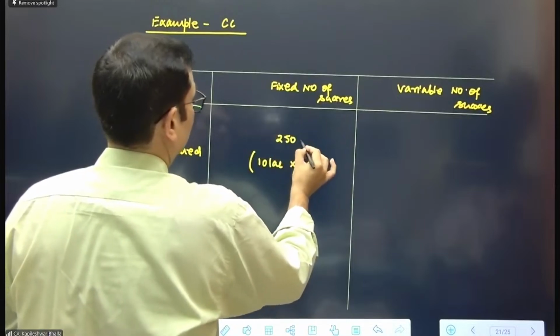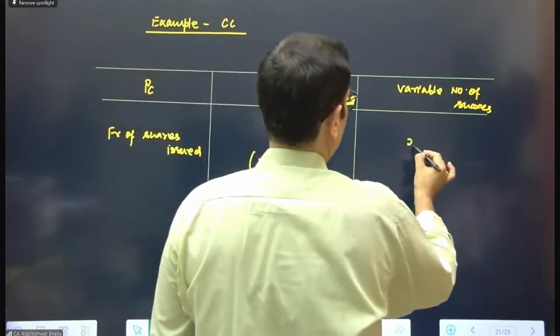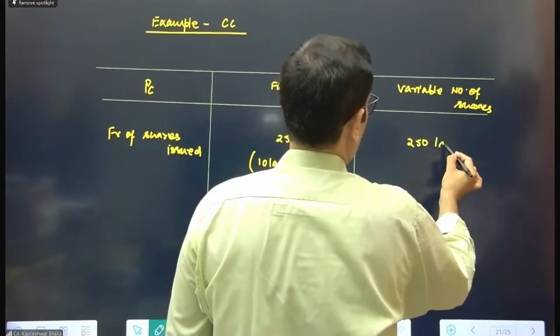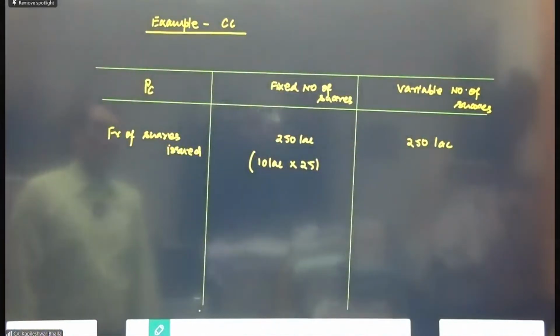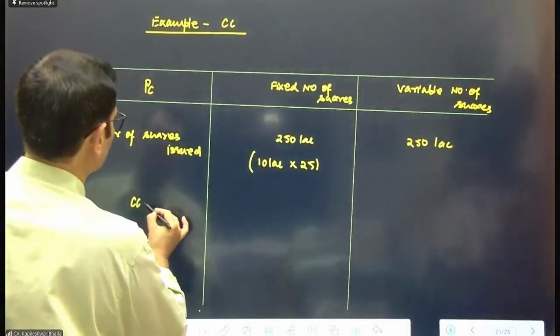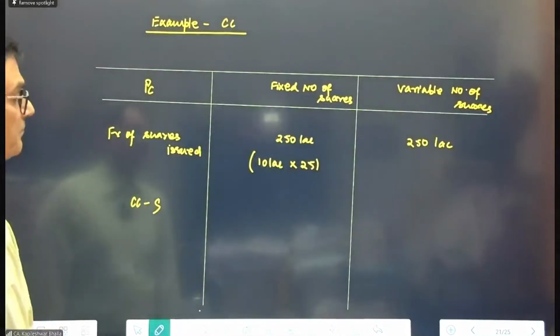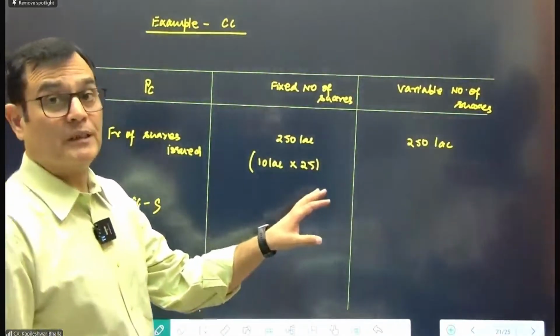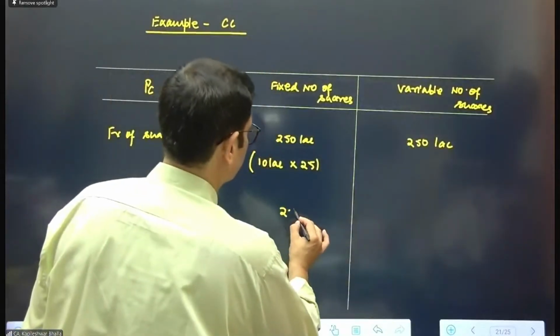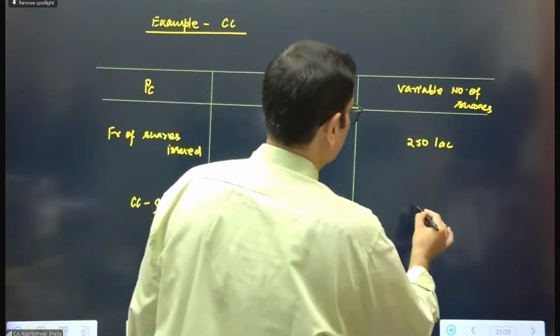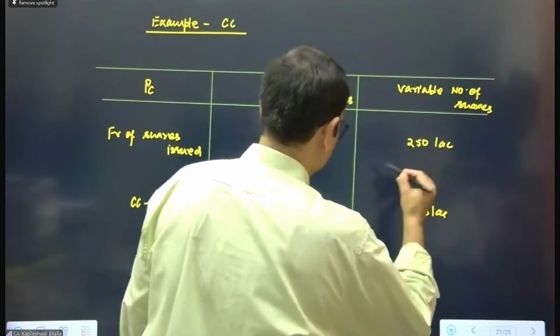This comes to 250 lakhs. Can I say this is going to be common because this is a part of the purchase consideration in any case? Now we are considering the contingent consideration which is paid in the shareholder's capacity. In this particular case, the fair value of the consideration is 25 lakhs. Can I say even here, the fair value is 25 lakhs.